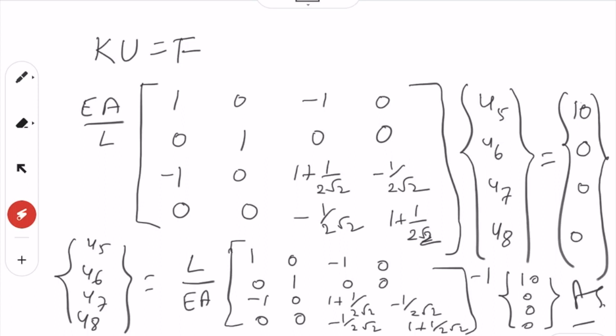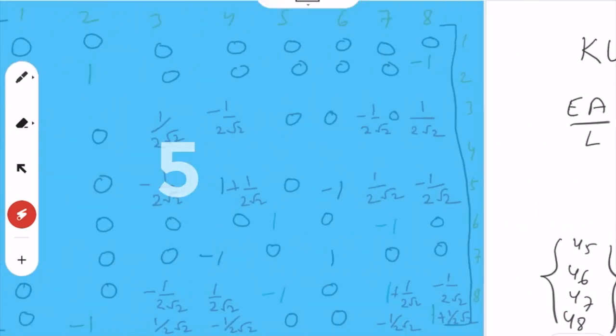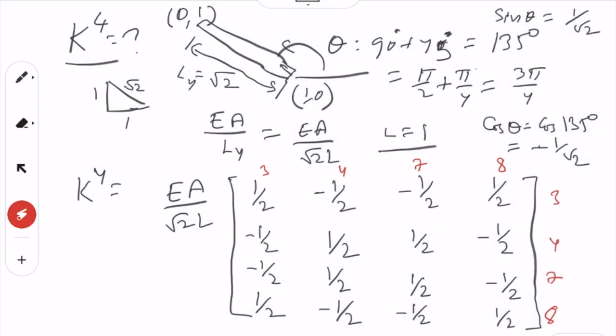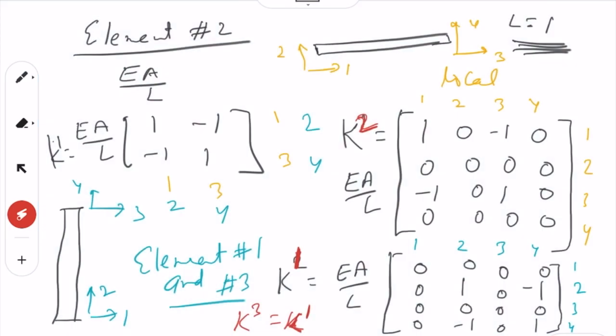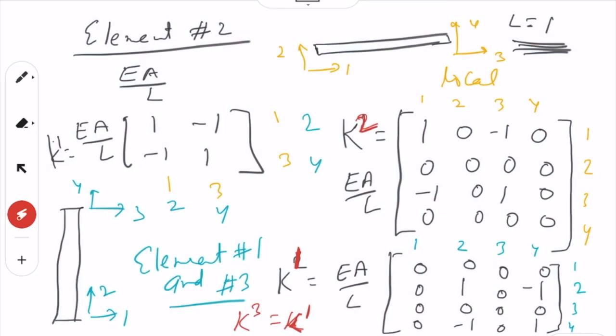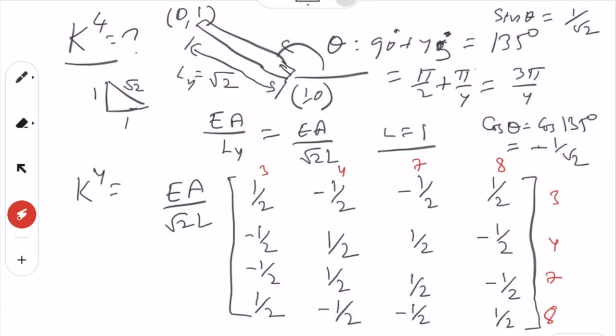And part D is to compute the stresses and reactions. So once you get U5, U6, U7, U8, you put them back in the original matrix, so U becomes 0 0 0 0 and then whatever values you got, and you multiply by the big K matrix that we have assembled.